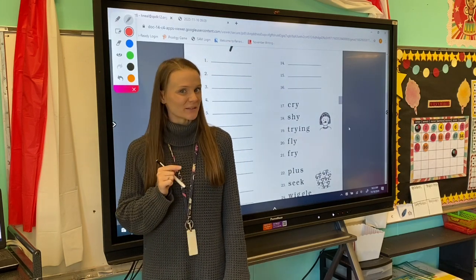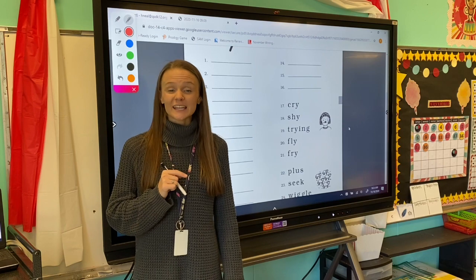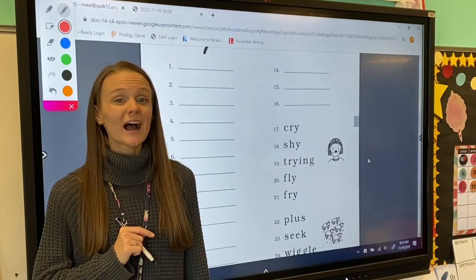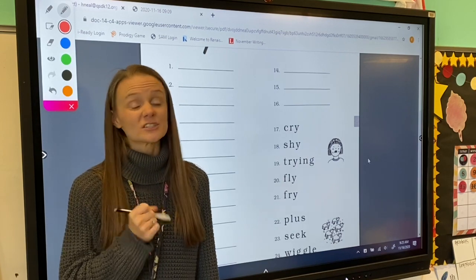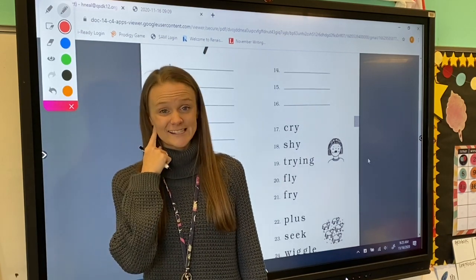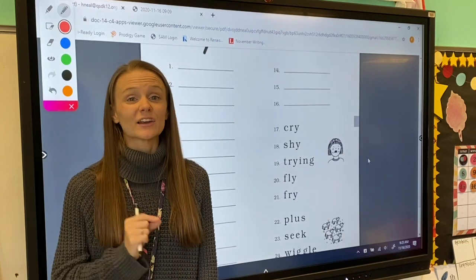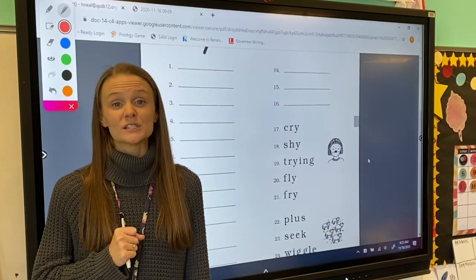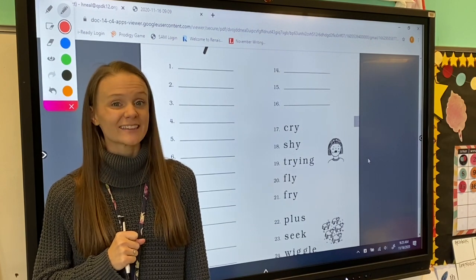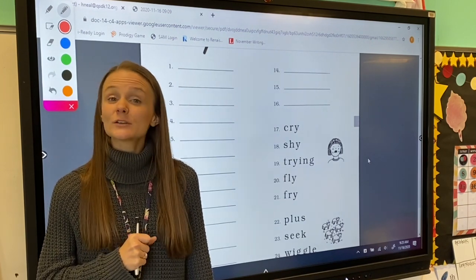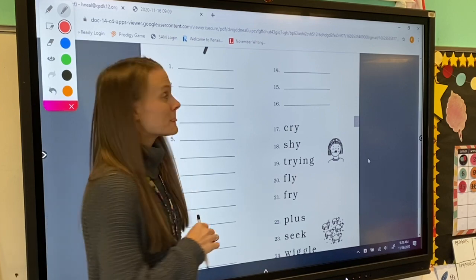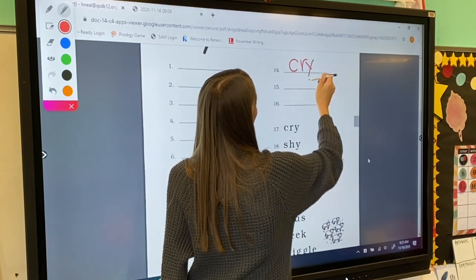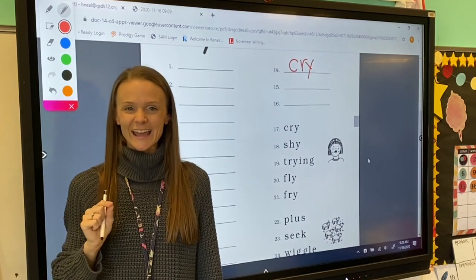So let's move on up to numbers 14, 15, and 16 and practice spelling some words that have this new spelling rule. So for number 14, we're going to spell the word cry. Cry. And remember, just because we hear the I sound doesn't mean we're using letter I. If it comes at the end of a word, we're usually going to use a Y to make that I sound. So to spell the word cry, I'm writing C-R-Y, cry.